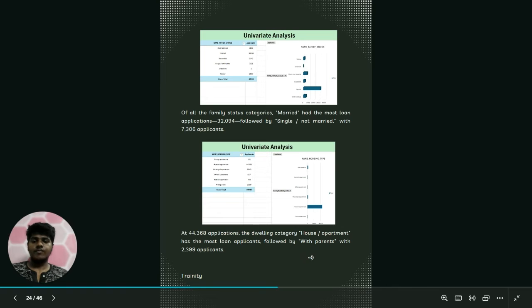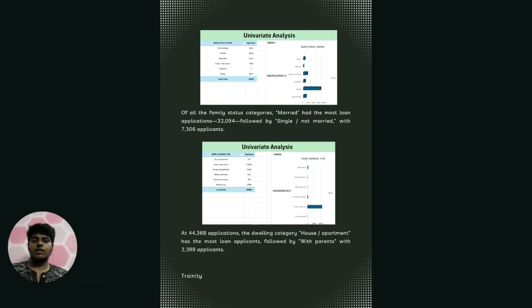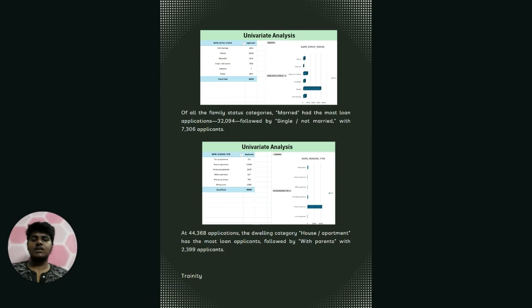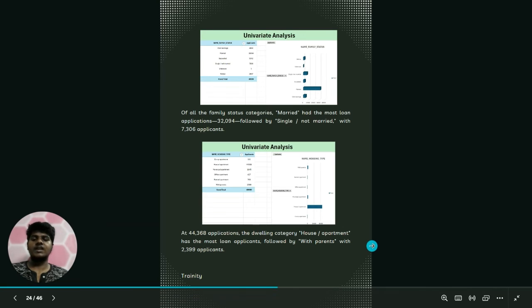When it comes to the dwelling category, that is housing type, clients having a house or apartment have the highest number of applicants, followed by the parents' house, in which the client has been living, which has the second highest number of applicants.